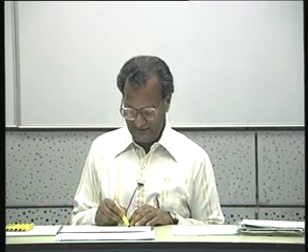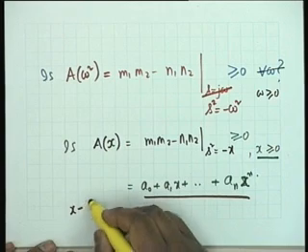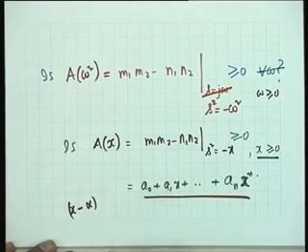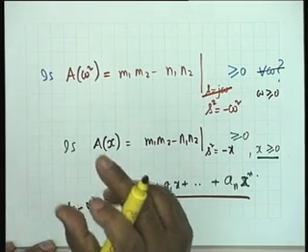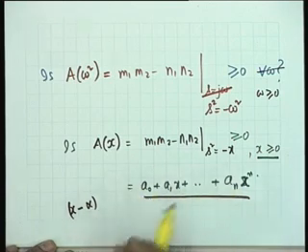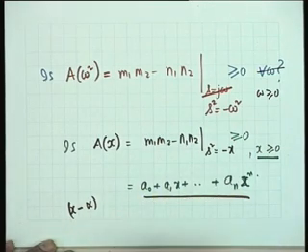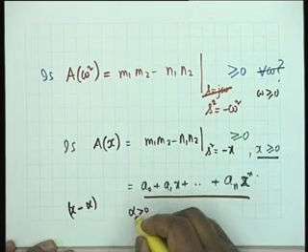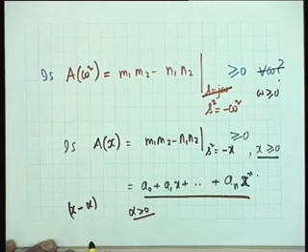Suppose in this polynomial, suppose we discover that there is a factor like x minus alpha, where alpha is positive. What conclusion can we make? The original function was not positive real.